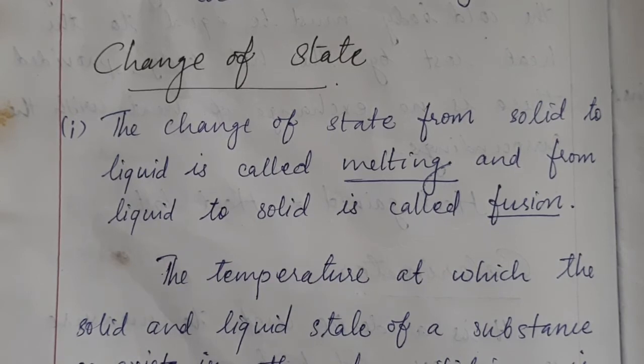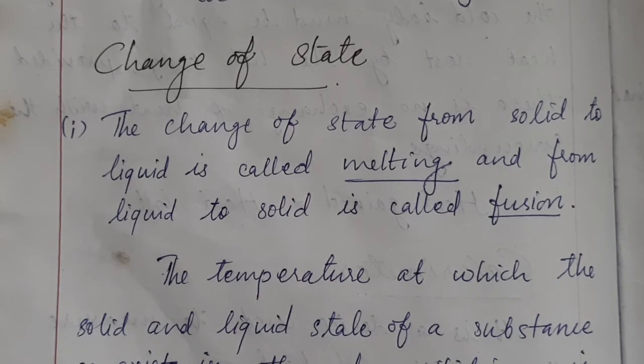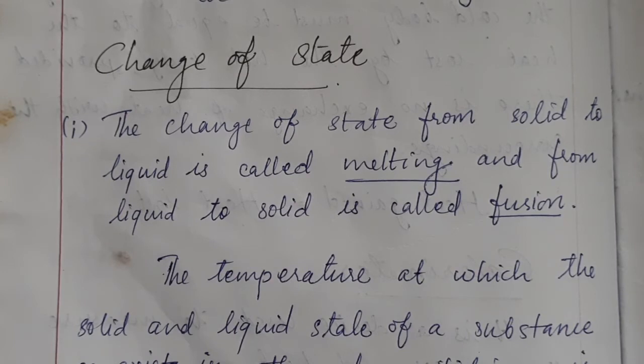You take a bowl of water and keep it in the freezer, it becomes ice. That means there is a conversion of state from liquid to solid. That's also by the exchange of heat. So when you supply heat or withdraw heat, you can even withdraw heat, that's what you do while cooling, in both cases a change of state happens. And this change of state is what we are going to study.